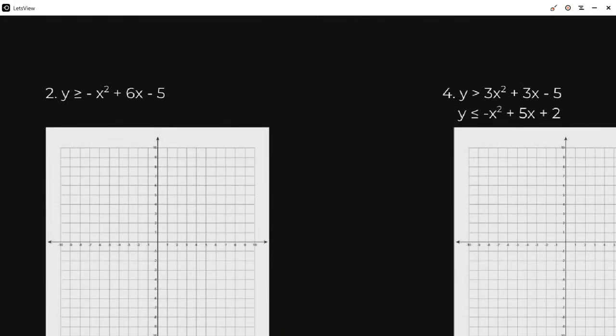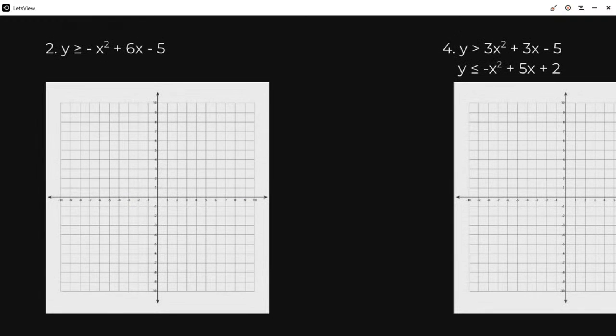Okay, next one, we have y is greater than or equal to negative x squared plus 6x minus 5. So again, since this is in standard form, we know the y-intercept, which is going to be at 0, negative 5, which is right here. Then we'll want to find the axis of symmetry. So that's x equals negative b over 2a. So that's negative 6 over negative 2, which is 3.